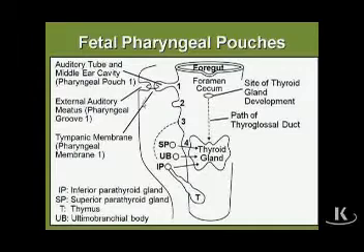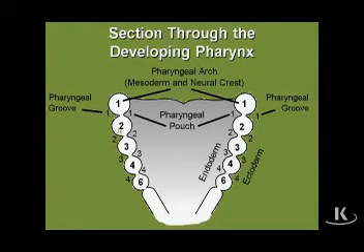And we said that this arch and this arch are going to form the boundaries of the canal, that is to say, the pinna. But notice that while on the previous slide we had a first groove and a second groove and a third groove and a fourth groove, on this slide we only have a first groove, and we don't see any other grooves. And the reason for that, I'm going to go back to the previous slide for a moment. The reason for that is that the second arch becomes very large and grows back and covers over all of this surface behind it.